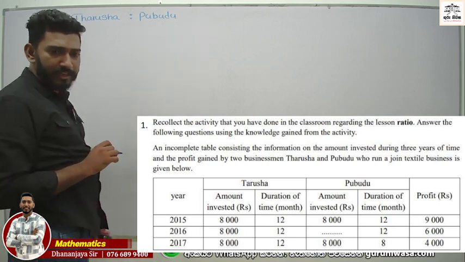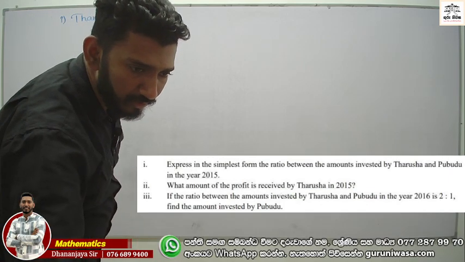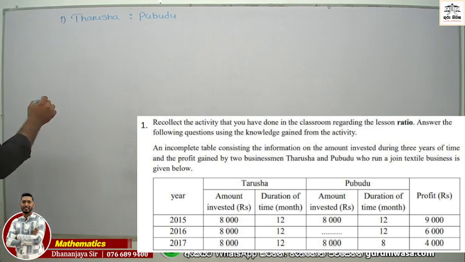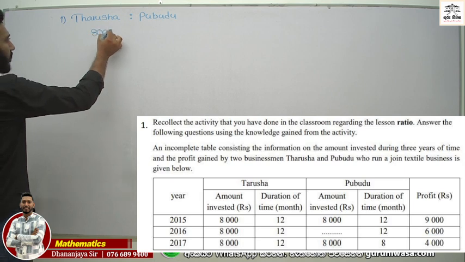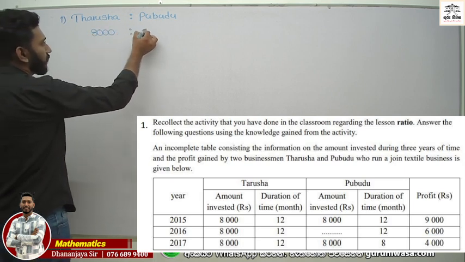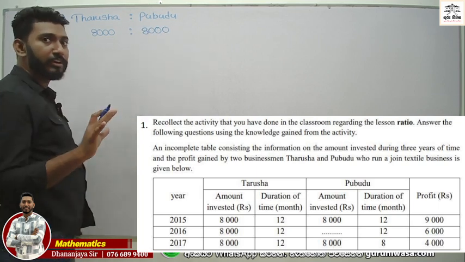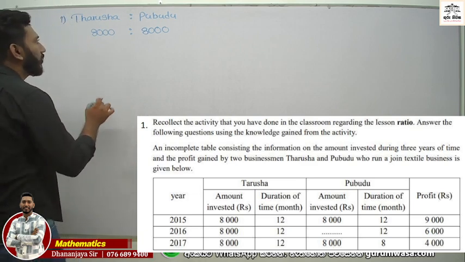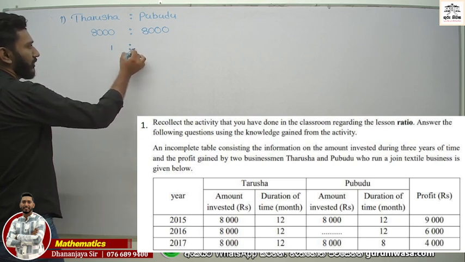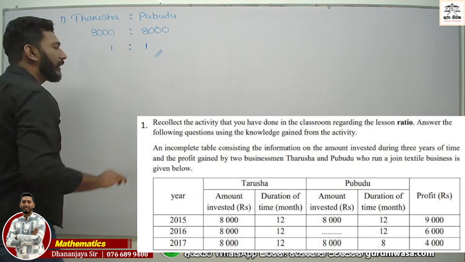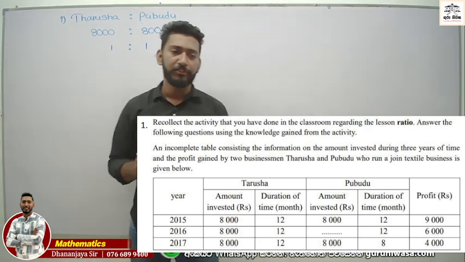In 2015, therefore, 8,000 and 8,000. Now, therefore, 8,000 to 8,000, only the invested amount. Therefore, you know this one, 8,000 times 1, 8,000 times 1. Now, what is the simplest form? 1 to 1. That's the simplest form.